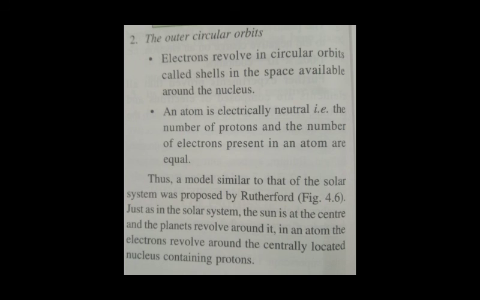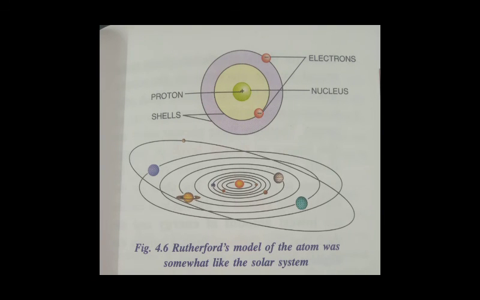The sun is the densest part that will act as the nucleus, and the planets will act as the electrons. Right? So this positively charged mass, the nucleus, contains protons and the shells contain electrons, like this, as you can see in this picture. Right?